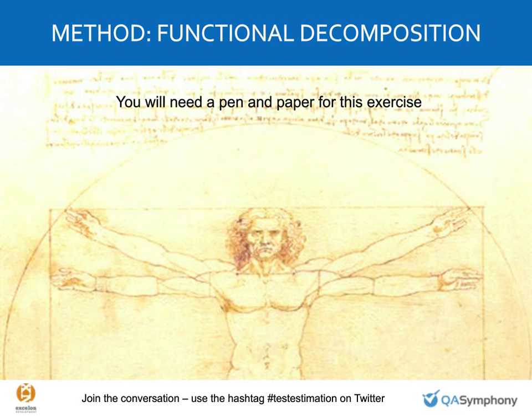Justin mentioned it earlier. It is functional decomposition, which is a fancy way of saying, let's take all the work, break it down into small chunks, estimate all the small chunks, and then add it back up again. So we have an exercise that simulates this, that if you're listening to this alone, you can do with your team. That gives us a feel for just how hard this really is.